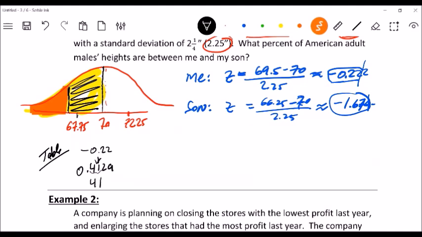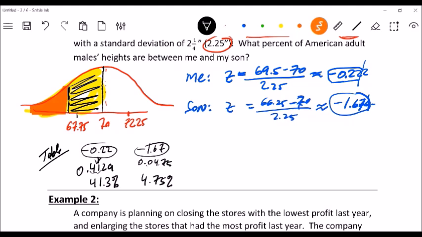I'll move that over twice. Yeah, we call it 41.3%. So that's for that number. For the other one, negative 1.67, the actual percentage is 0.0475. Move the decimal over and it's 4.75%.